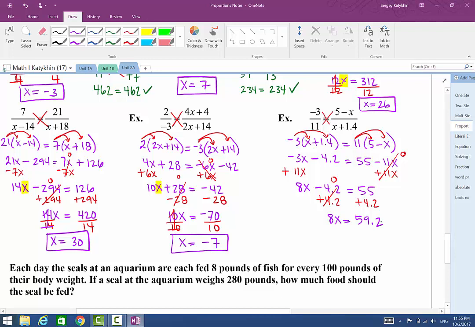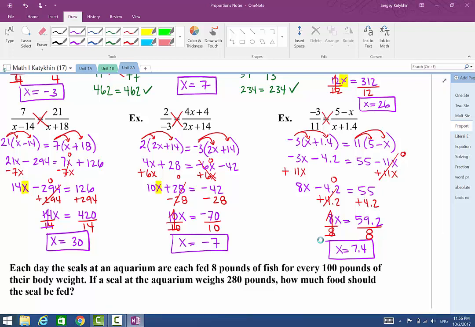Now again, to get that problem done, we have to divide by 8 on both sides. So when we go ahead and do that, we get divided by 8 on the left and divided by 8 on the right. 8 divided by 8 is 1. So we get x is equal to 7.4. So 59.2 divided by 8 would be 7.4.